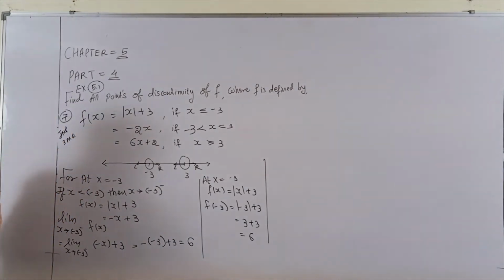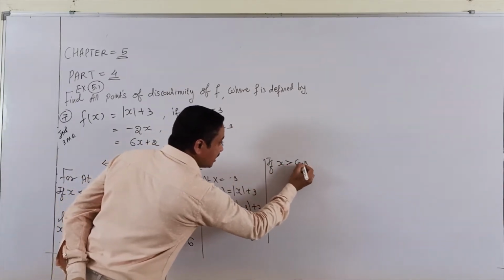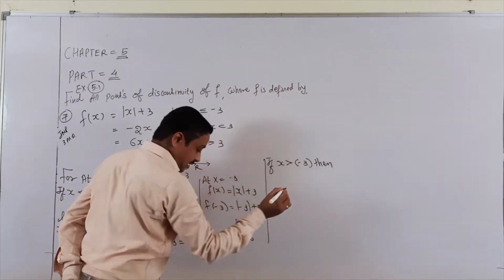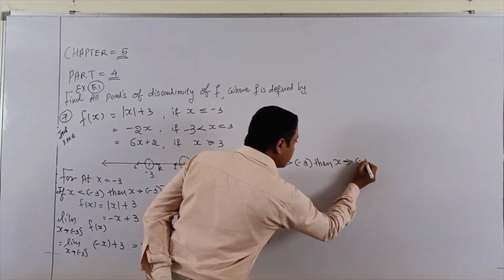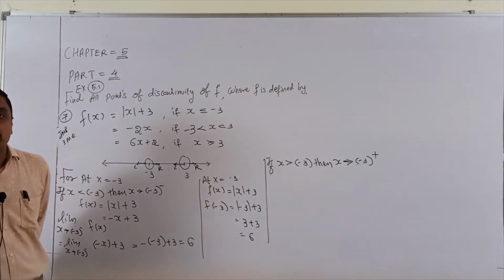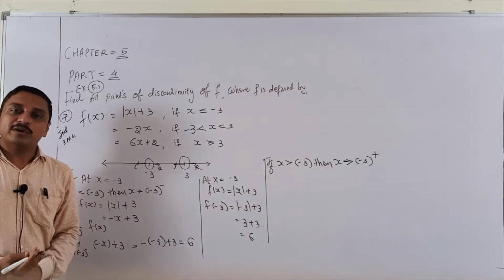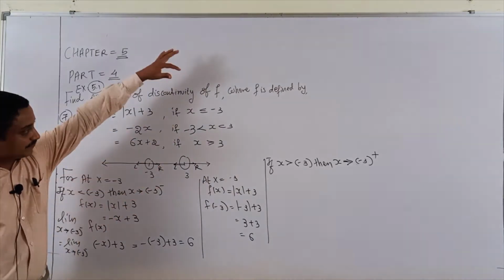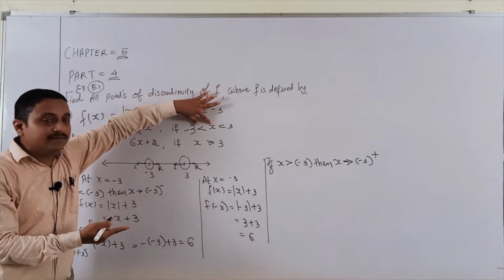Now I move ahead to the right side. If x is more than -3, then x tends to -3 plus. It means, students, this indicates the right hand side limit at x equal to -3. Now read the question: is it this function or that one?